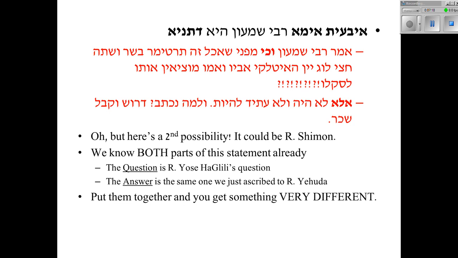And here it is, Amar Rabbi Shimon. V'chi. Remember that, really. Could it be, right? Mipnei she'achal zeh, tartimar brasa v'shata, chati lo yaina italki, aviv imo motzi'ino to lesaklo. Because of this, his father and mother are going to take him out to have him killed.